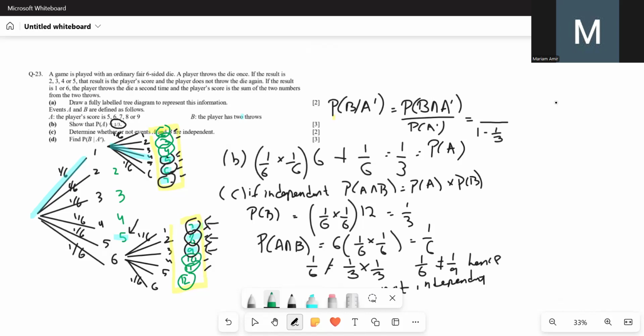So there are 6 of those cases. 6 times the probability of each of these cases, 1/6 times 1/6. Let's see what that gets us. So the numerator is 6 times 1/6 times 1/6. The denominator is 1 minus 1/3, which is going to be 1 by 4.